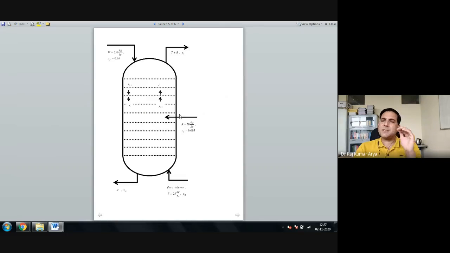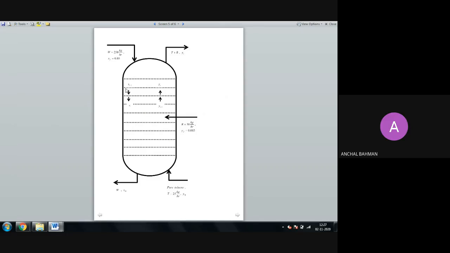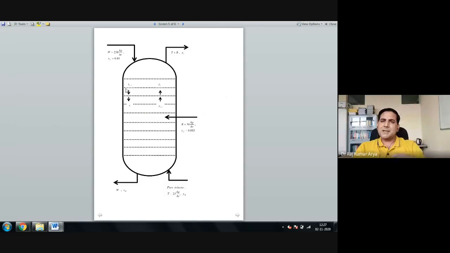Or let's say one person says, no, I will feed it at plate number 6. Now your only choice is to increase or decrease the plates in the top part of the column only, right? Yes or no? Yes, sir. That is the variable that you can keep changing till you get your desired concentration on the top.